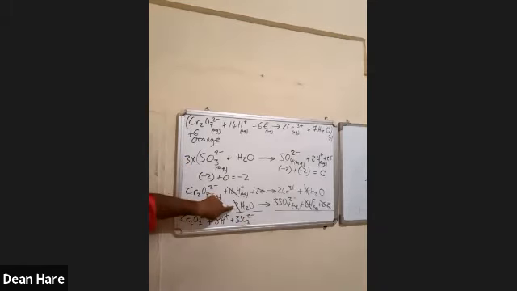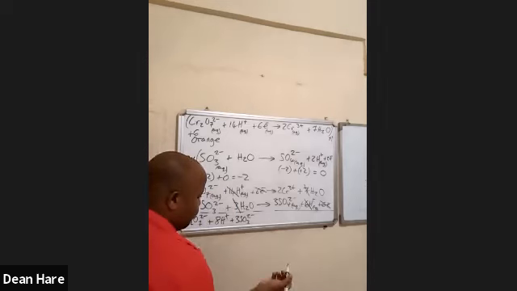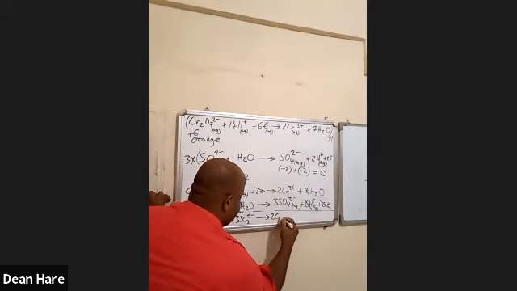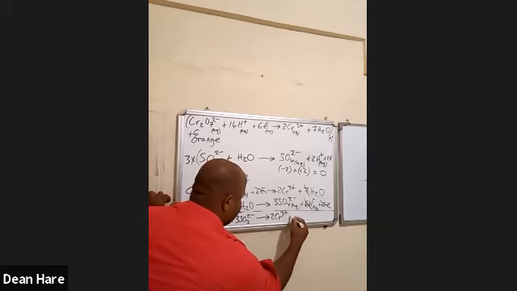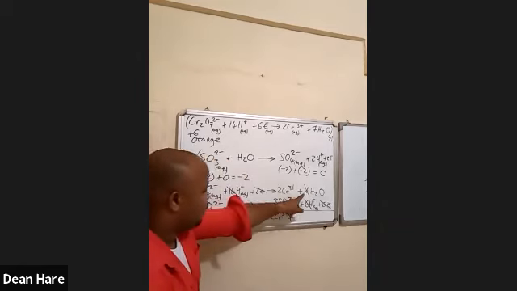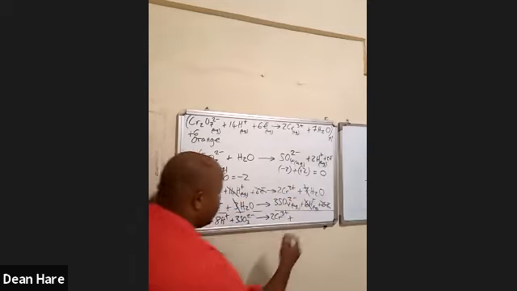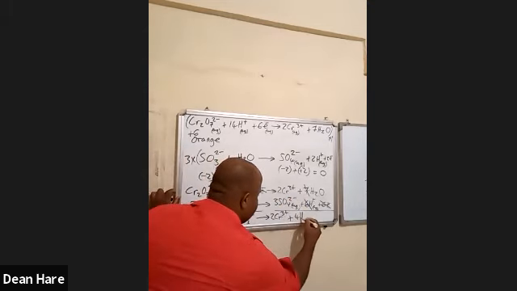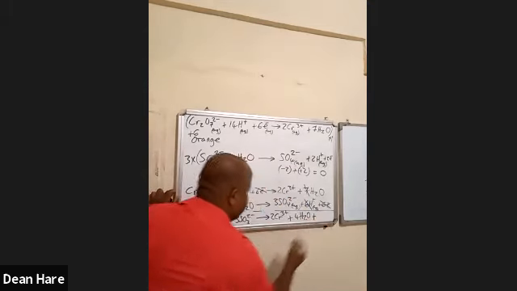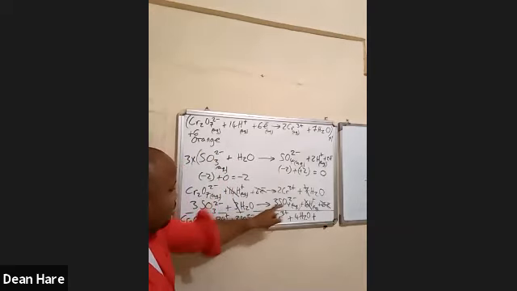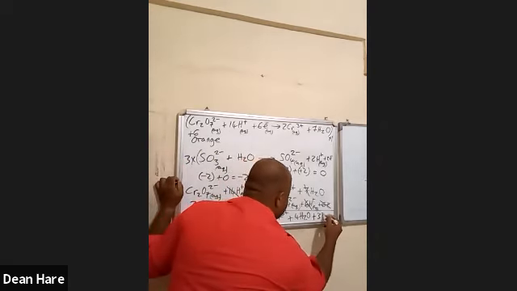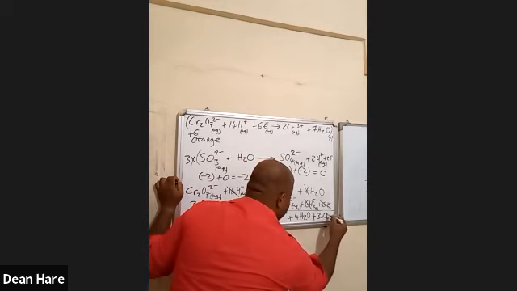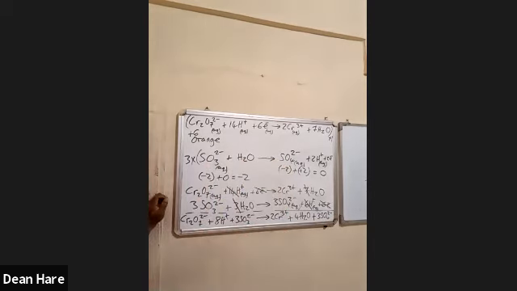We have gotten rid of the 3 water, so there is no water remaining. And then we have 2Cr3+. And remember, we took away 3 from this, so we should have 4H2O plus 3SO4 2-. And that's our final balanced equation.